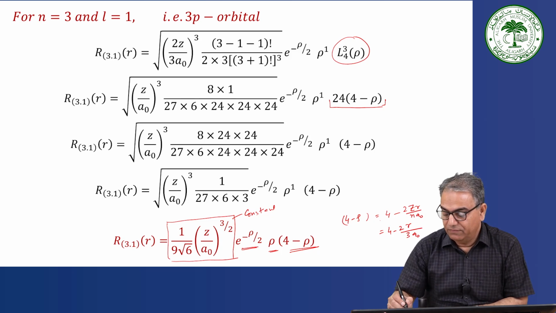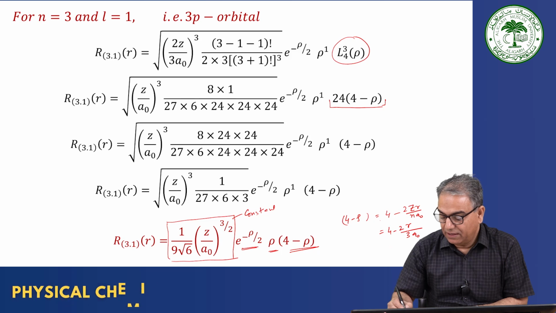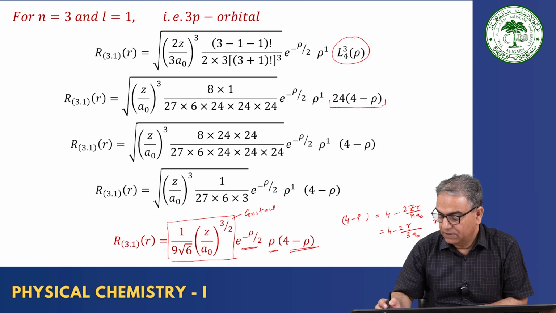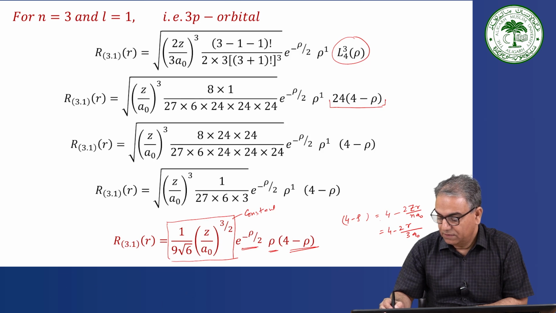If you put 2R divided by 3 a naught equal to 4, then what do you get?